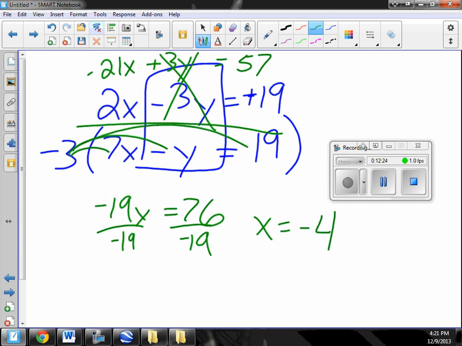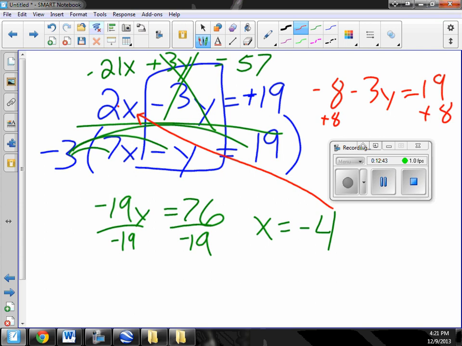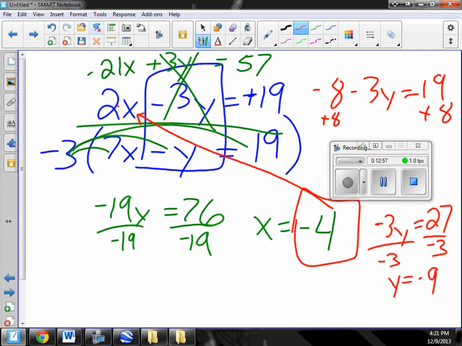So now I need to plug that negative 4 back into one of the other equations. So we'll take the negative 4 and we'll put it in for x. 2 times negative 4 is negative 8. Minus 3y equals 19. So we'll add the 8, add the 8. Negative 3y equals 27. And now all I need to do is divide by negative 3. And I get y is negative 9. So my answer is 4, comma, negative 9.